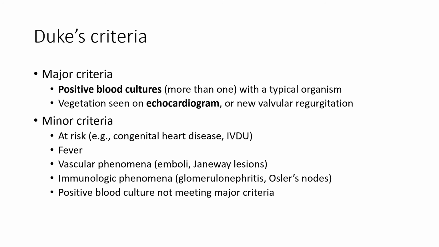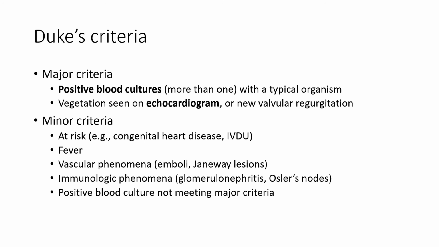There's also Duke's criteria for diagnosing endocarditis. So the major criteria are positive blood cultures, so more than one set of positive blood cultures with an organism that typically causes endocarditis, and vegetation seen on echocardiogram, or new valvular dysfunction that isn't otherwise explained.